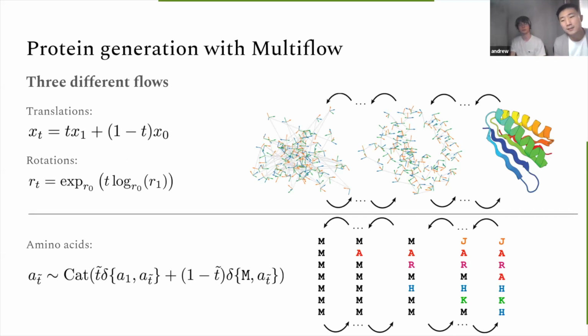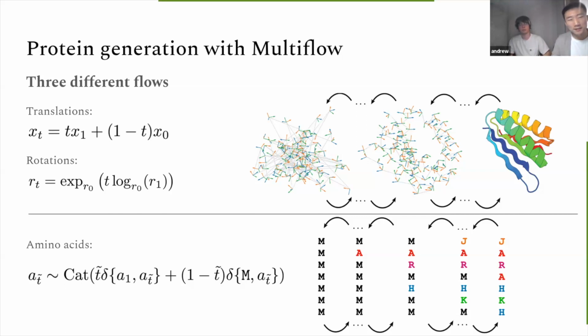The translation is the canonical flow matching model on Euclidean spaces, whereas the rotation is an extension to manifolds. And then the amino acid part down here is sampling from the categorical distribution at every single time step, and also is following along this linear time schedule. And it's using exactly the formulation that Andrew went over in the discrete flow model case.